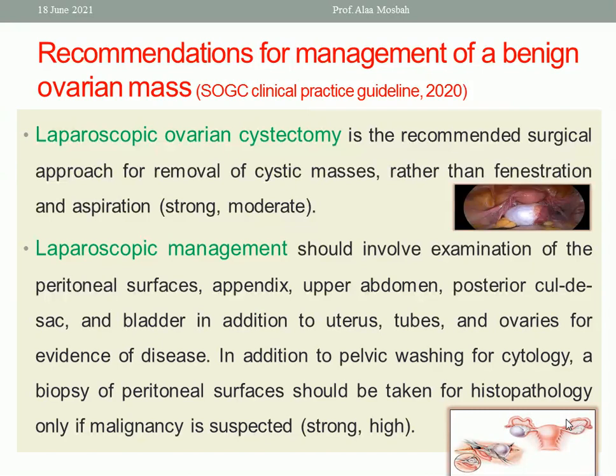Laparoscopic management should involve examination of peritoneal surfaces, appendix, upper abdomen, posterior cul-de-sac, bladder, in addition to the uterus, tubes, and ovaries, for evidence of disease, in addition to pelvic washing for cytology. Biopsy of peritoneal surfaces should be taken for histopathology only if malignancy is suspected. This is very important.